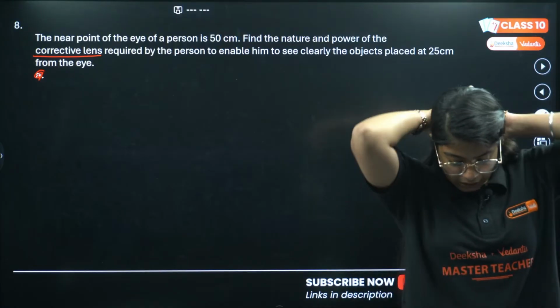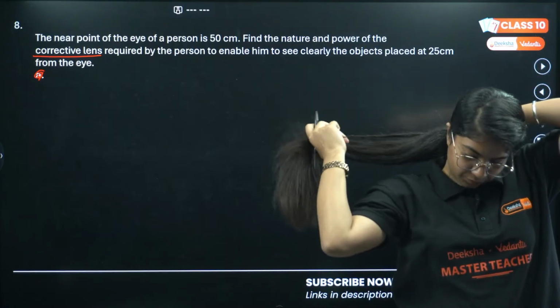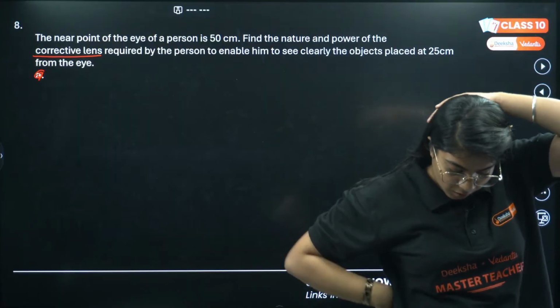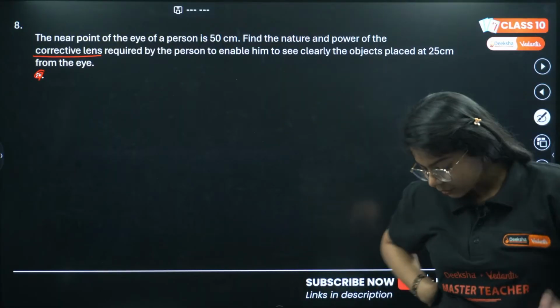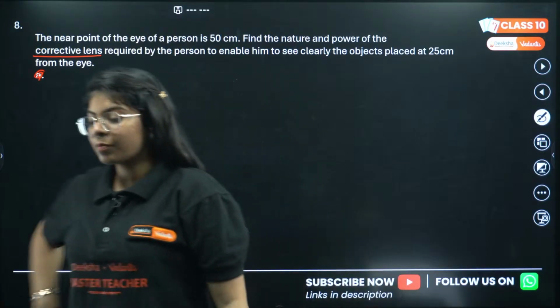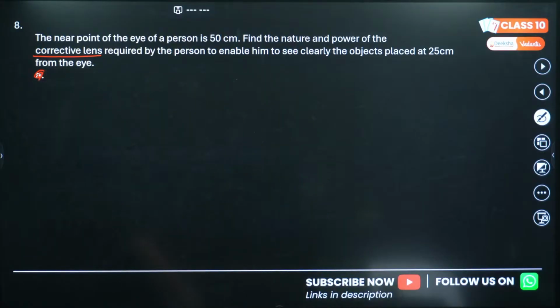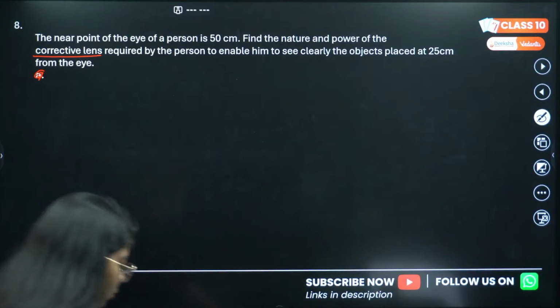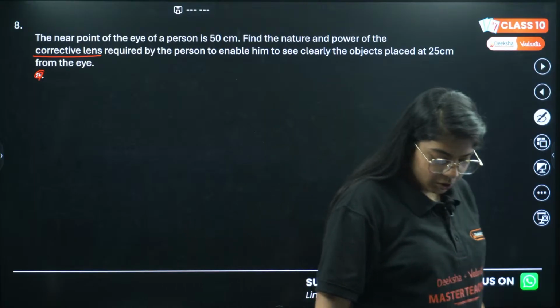Can you solve this question? Yes, option A. I thought of giving you options for this numerical, but I didn't. Let me know if you can solve this or not.